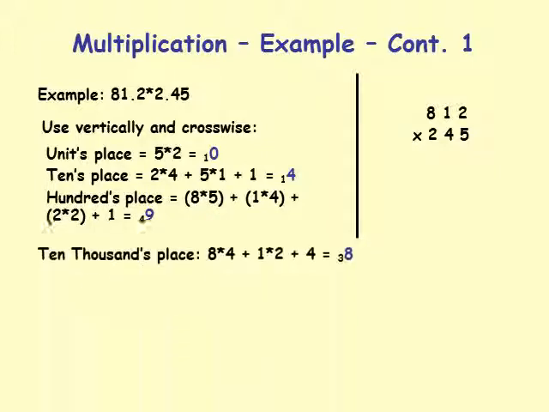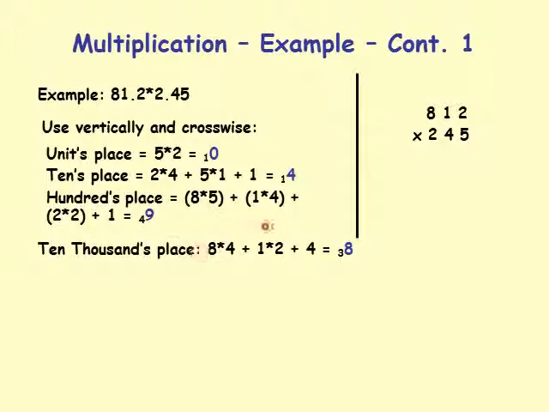Let's continue here. The thousands place is these two numbers crosswise: 8 times 4 plus 1 times 2. That's 34, plus 4, that's 38. We'll use 8 and carry 3. Let's continue here. The last place is this number, 8 times 2, 16 vertically, plus this carry 3 is 19. And we're done with it, so there are no carries.